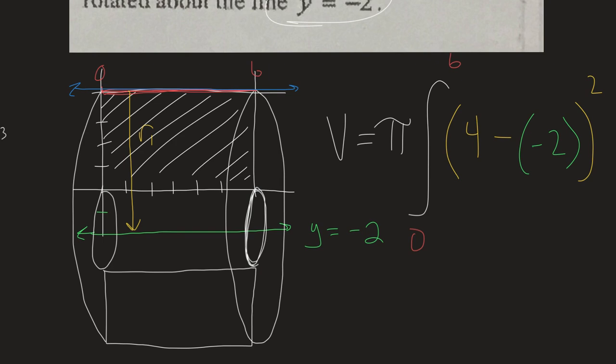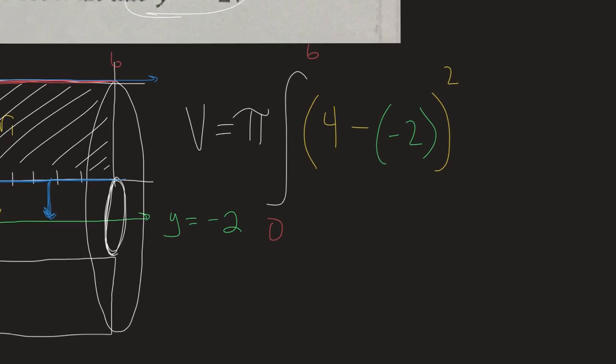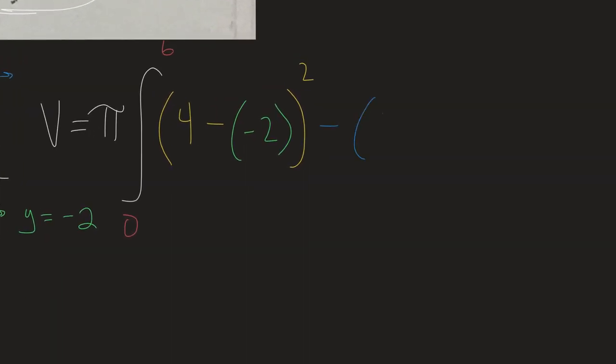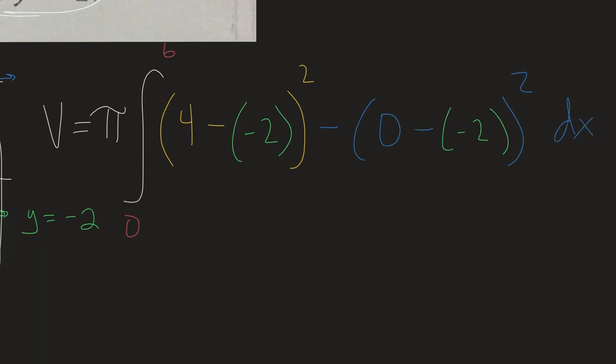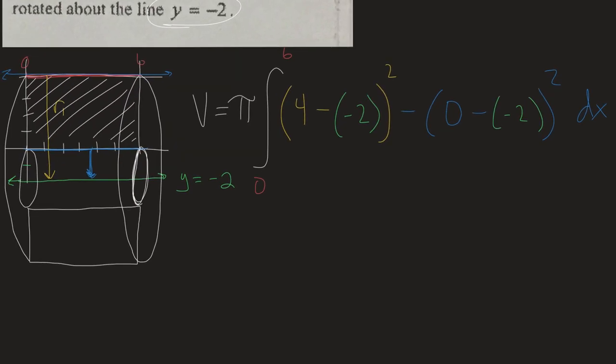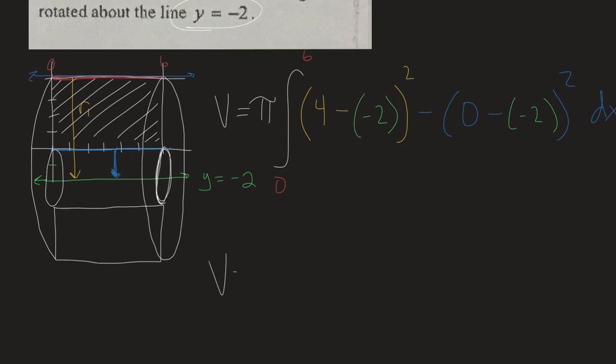And then we have this second radius, from 0, the x-axis, to -2. So minus 0 minus, once again, -2. Of course, you don't actually have to write this out. Hopefully it's fairly obvious to you that your first radius is 6 units.